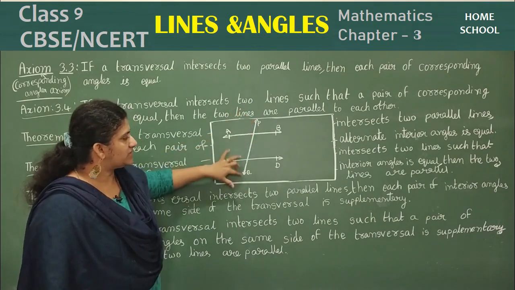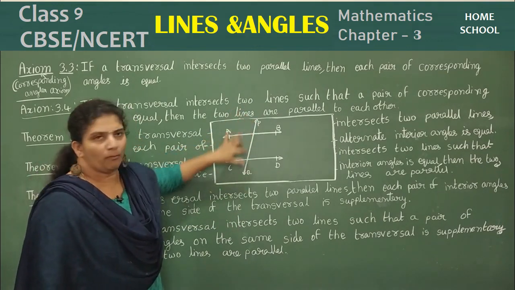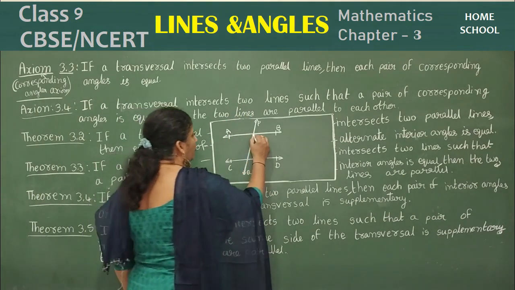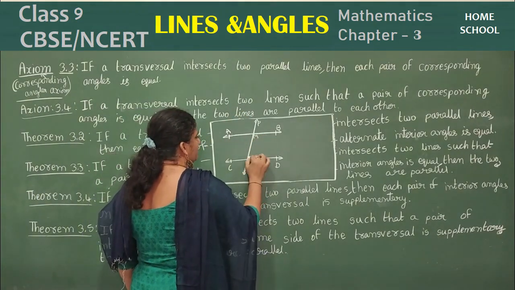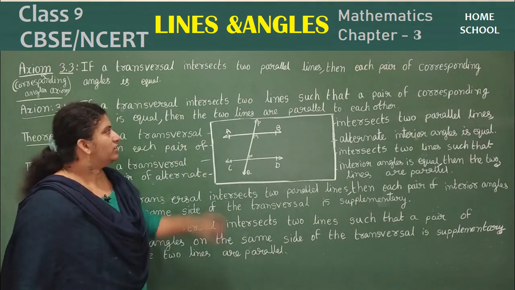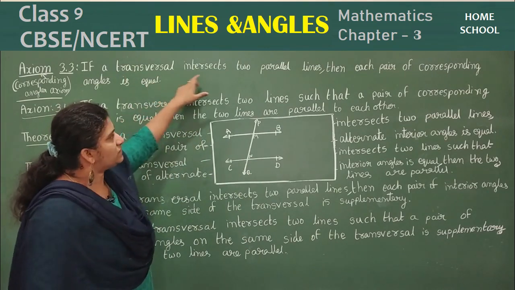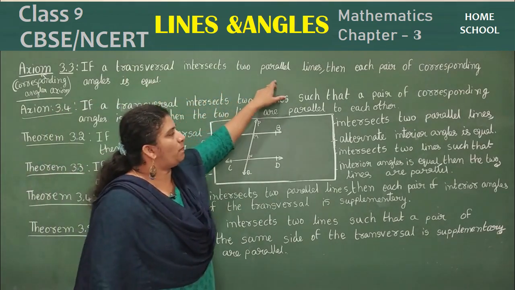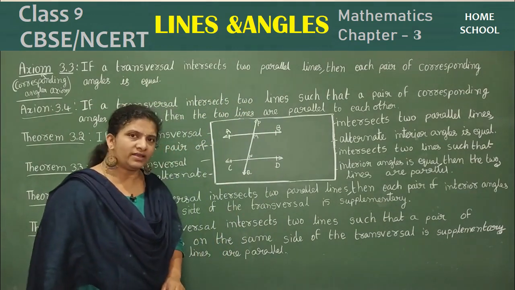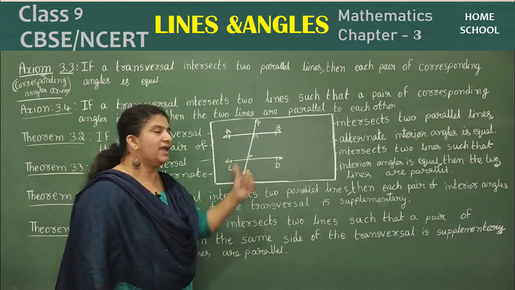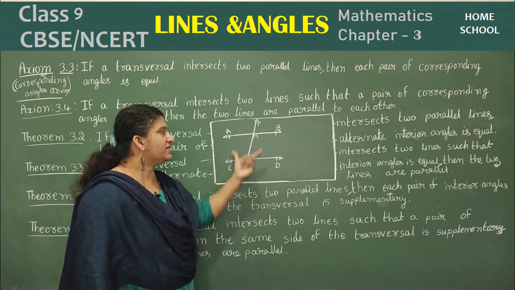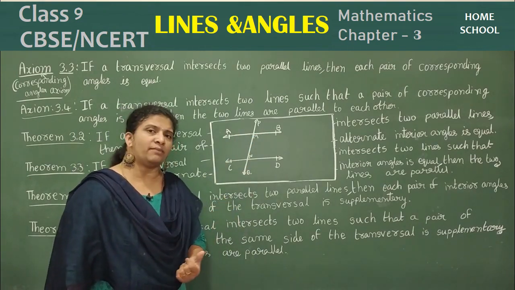This transversal intersects at 2 points. Let's mark the 2 points here, M and N. Now if a transversal intersects two parallel lines, where are the parallel lines? AB and CD. I say these two are parallel lines. How are they parallel?